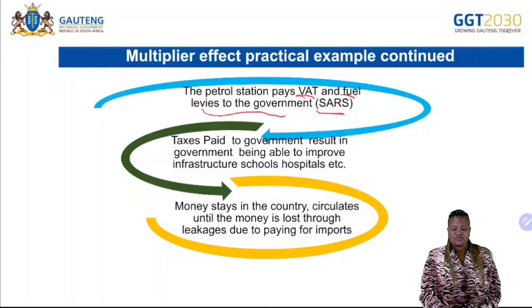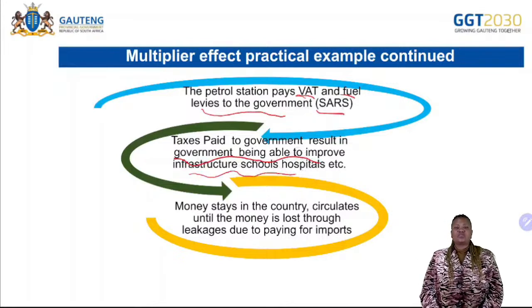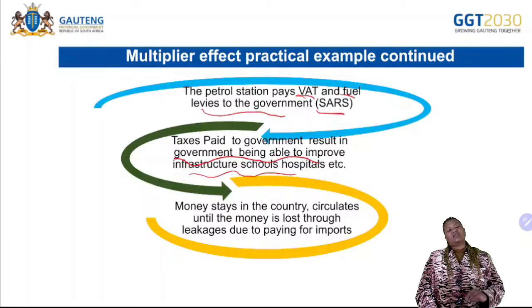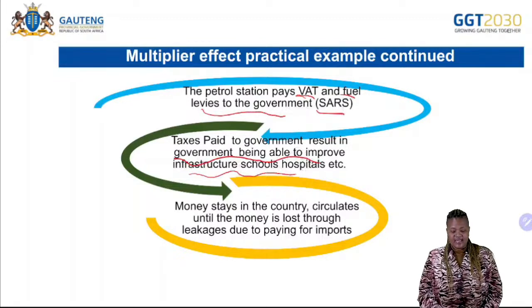Taxes paid to governments result in the governments being able to improve infrastructure, schools, hospitals, etc. So now we know that part of the money that the petrol stations received went to governments in the form of VAT and fuel levies.